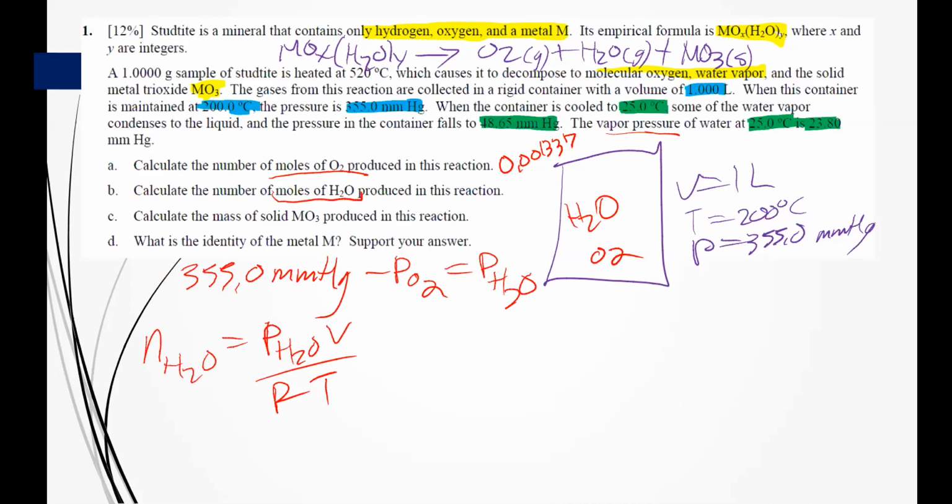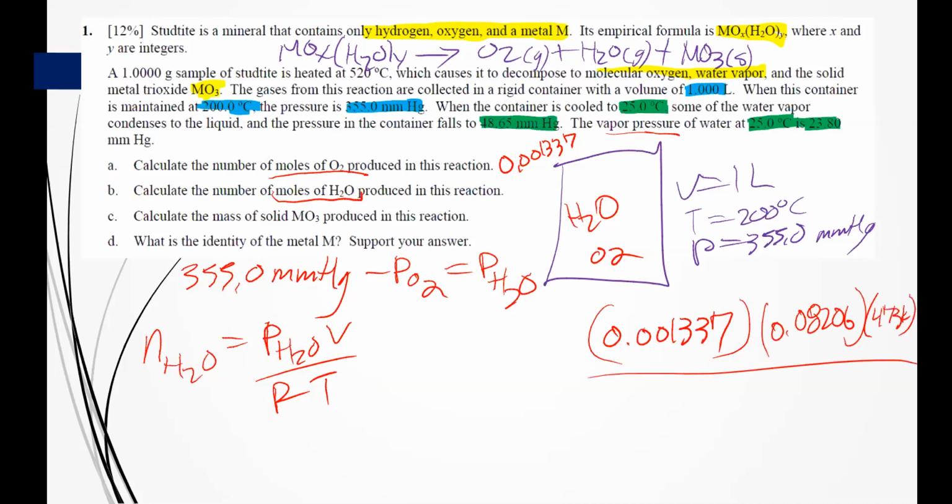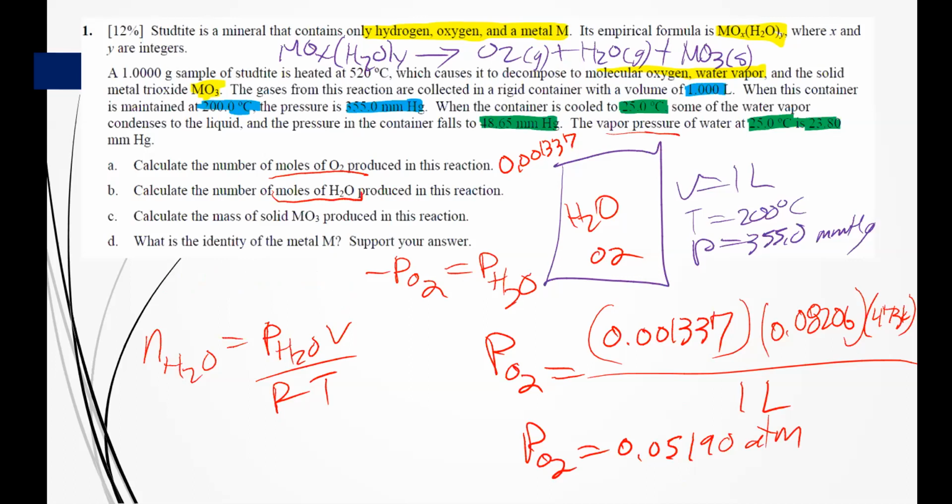So we can take 0.001337 times our R, and then our new temperature, which is 473 Kelvin, divided by our volume, 1 liter, and this will give me my pressure of my oxygen. I'm going to change my 355 to atmospheres.